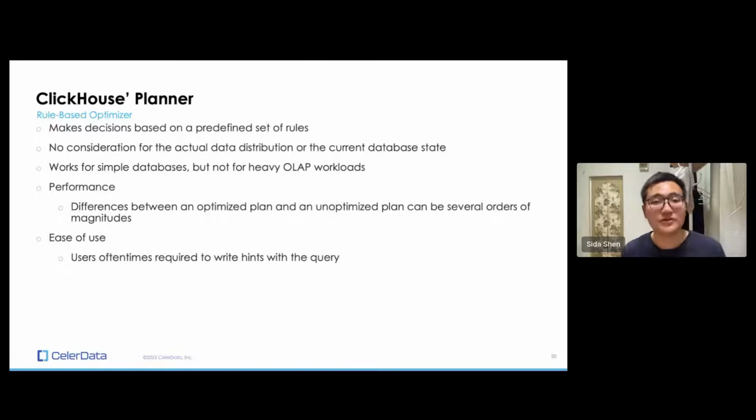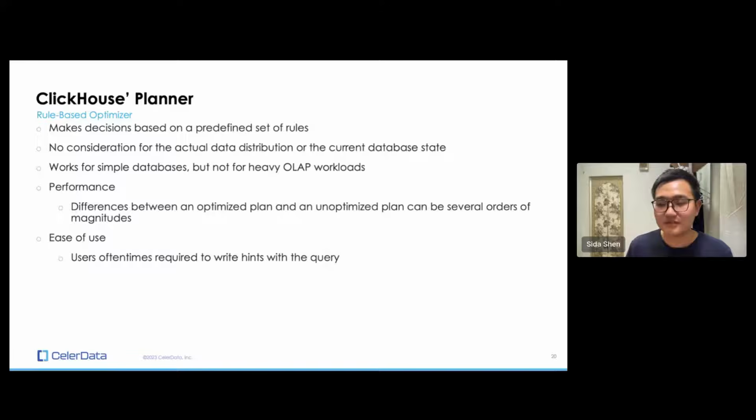And the ClickHouse planner uses a rule-based optimizer, right? It makes decisions based only on a predefined set of rules or heuristics, right? It has little consideration for the actual data distribution or the current database state. It probably knows the tablet or file size or how many rows, but that's about it.